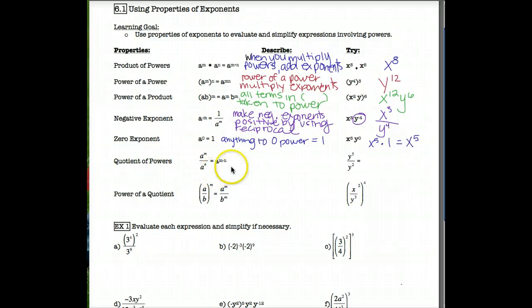Quotient of powers, if you look at what's happening here, they have the same base and we're dividing. That's what quotient means. So when we're dividing powers with the same base, it looks like we subtract the exponents.